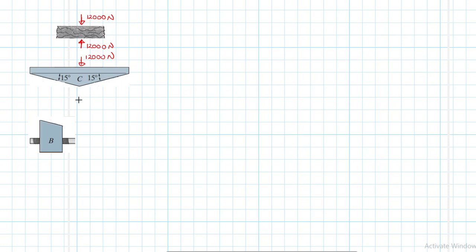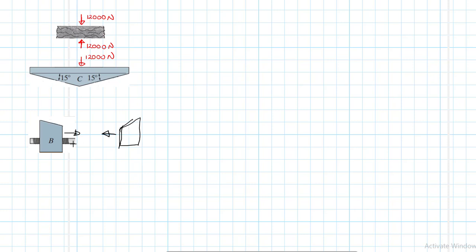Then on the sides of this rigid material, let me start with wedge B. We expect this wedge to be moving in this direction, as we apply a moment about the centroid of the bolted threaded board. So we expect it to move to the right. We have this wedge moving to the right, and the wedge on the right moving to the left.